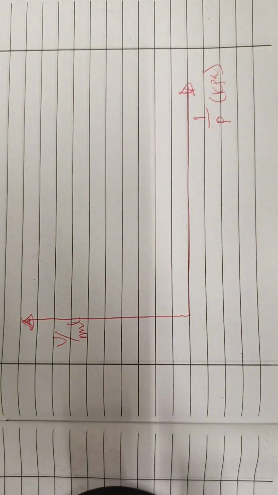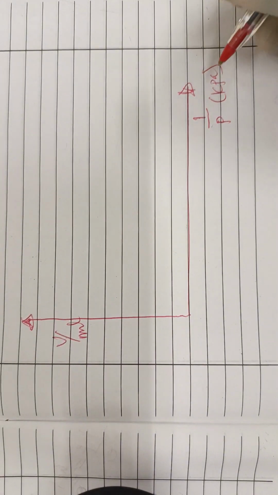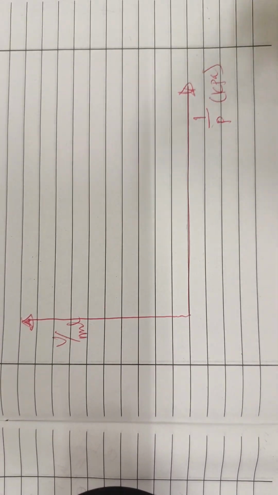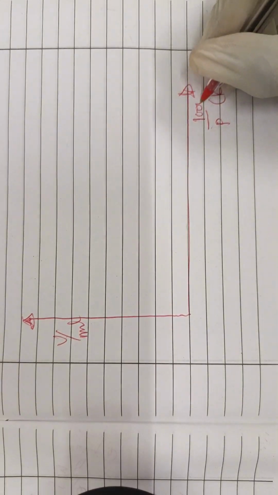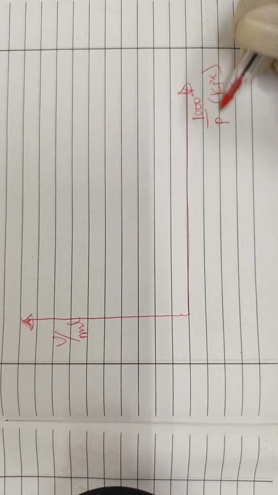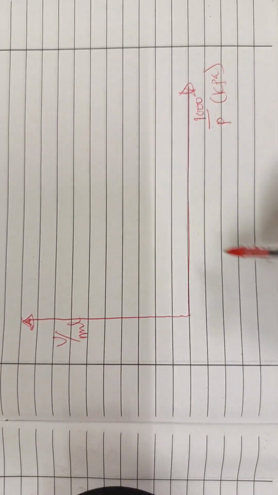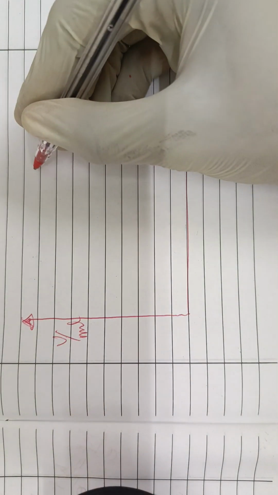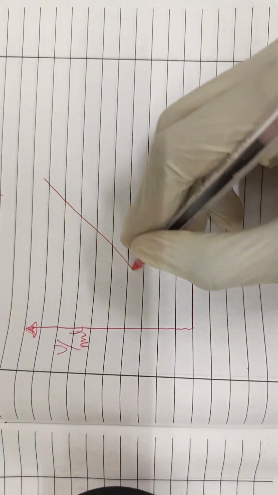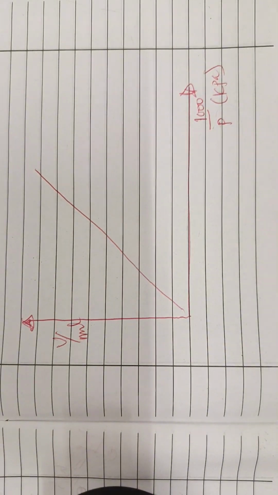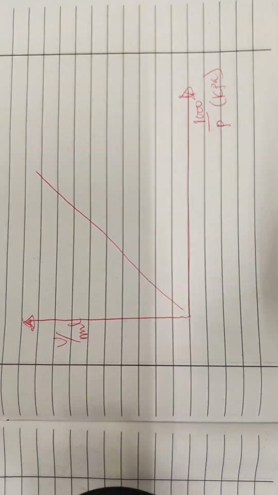Now the values that you'll be getting might be decimal values. So we can convert this into 10 raised to the power 3. You can just use this conversion so that we can be able to plot this. And then after doing that, we will have a line that looks like this.